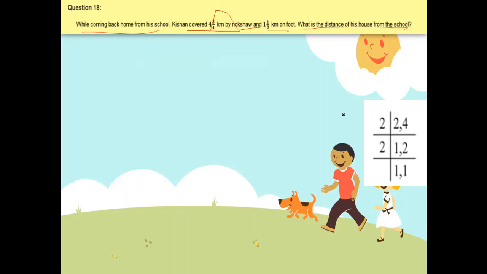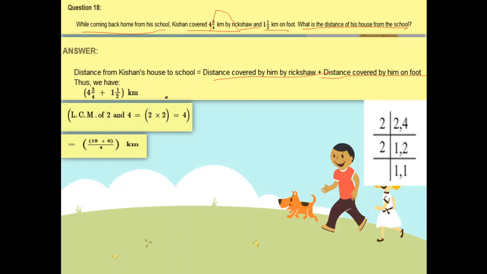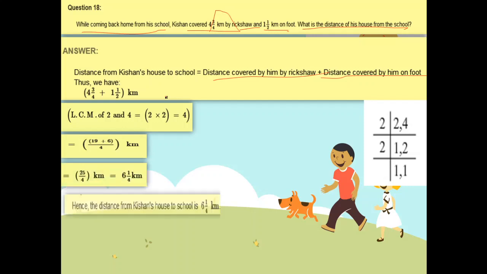So here first we write the statement, distance from Kishan's house to school. The distance covered by him by rickshaw, we write as the first statement, and then the distance covered by him on foot. Then we add them together. Here we have to convert into improper fractions and then find the LCM.